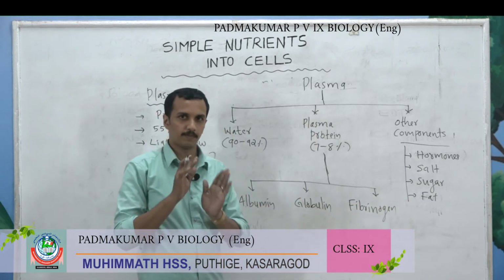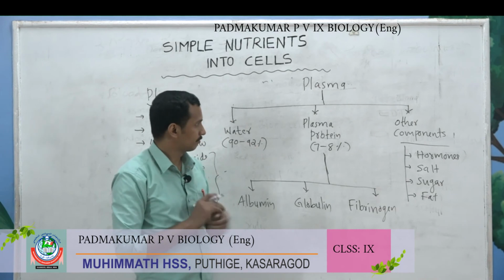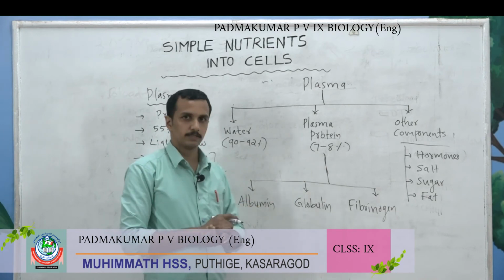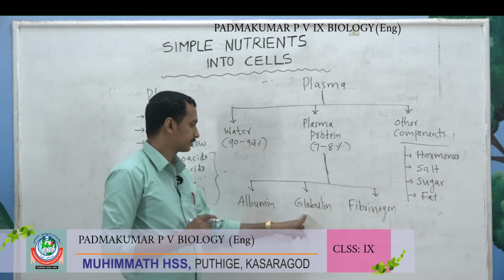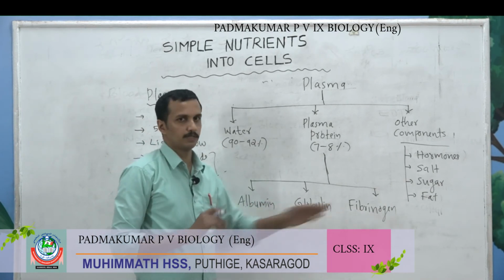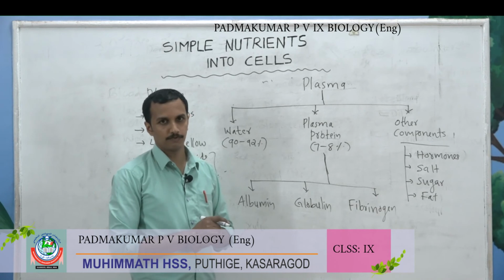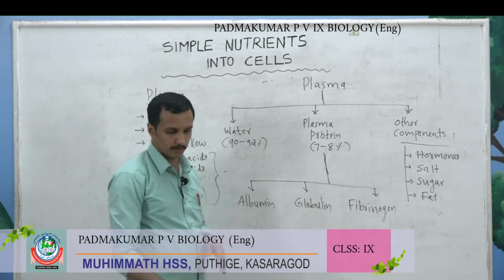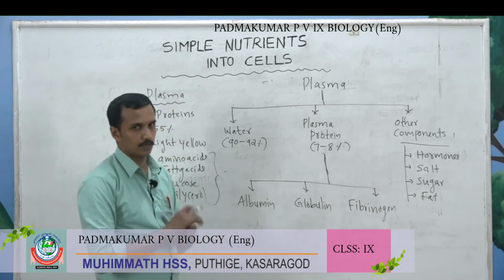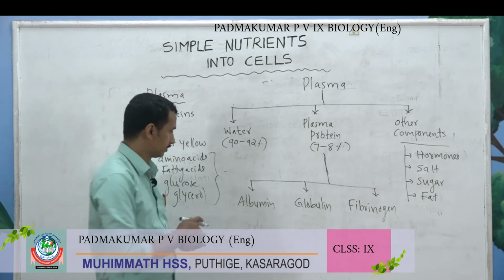So students, how many types of plasma proteins are there? Three. These proteins perform some functions related to our blood.